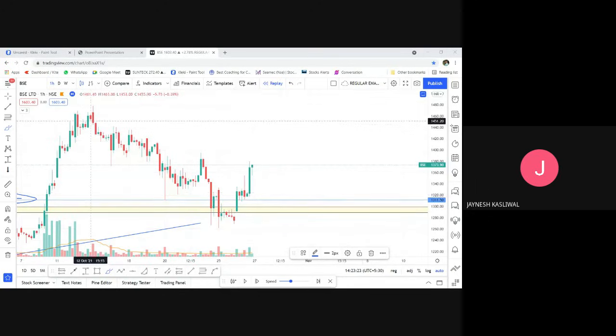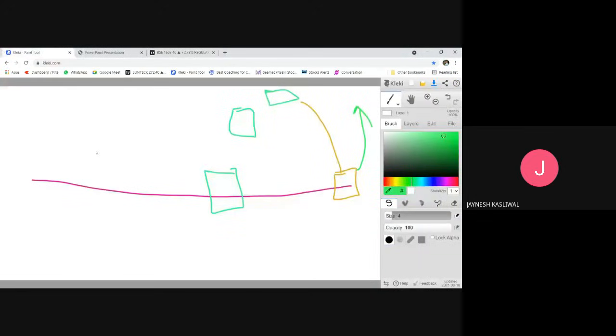Okay, during retest, you have to check on the smaller time frame whether the retest has been successful. If we see that the retest has been successful on the smaller time frame, then you can enter the rest 30% quantity on that stock and hold the rest 20% for the next adding.